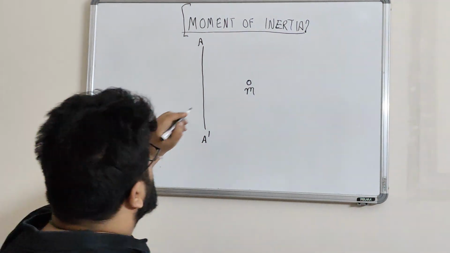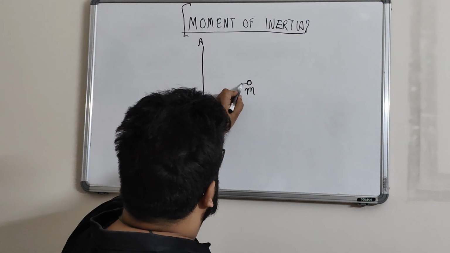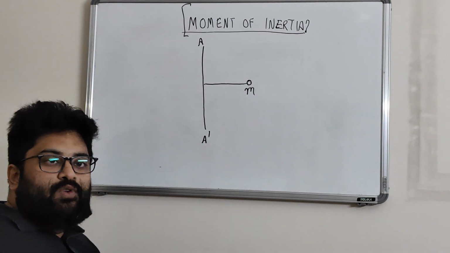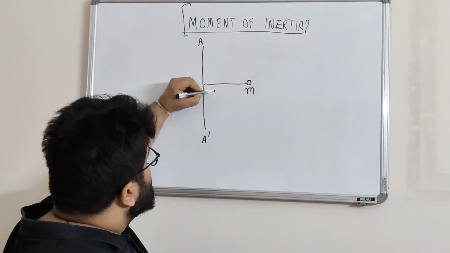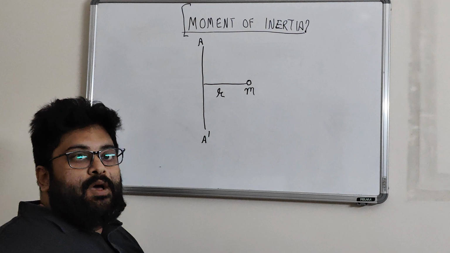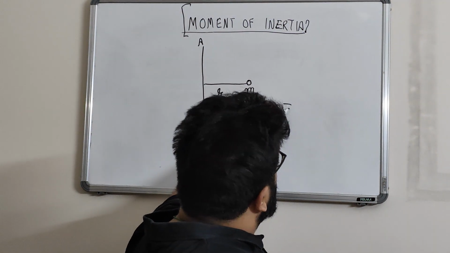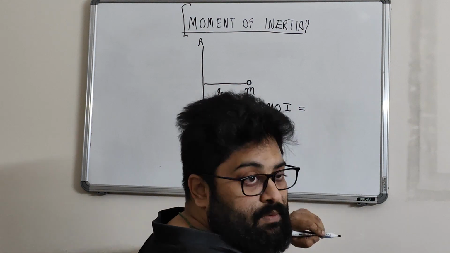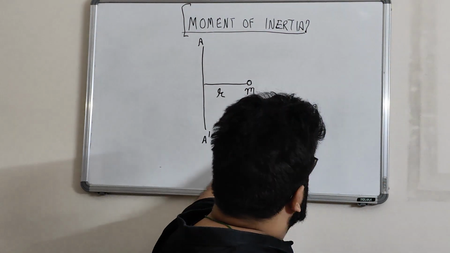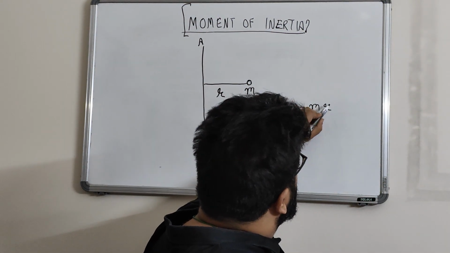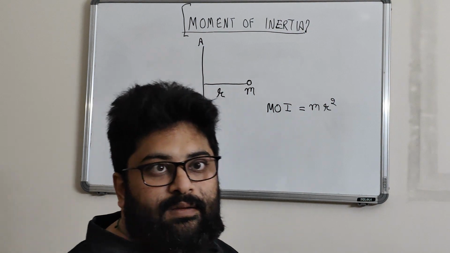Now if we take the perpendicular distance of that mass from the axis of rotation, we can call it r. Therefore the moment of inertia of that cup becomes mass times the distance squared.